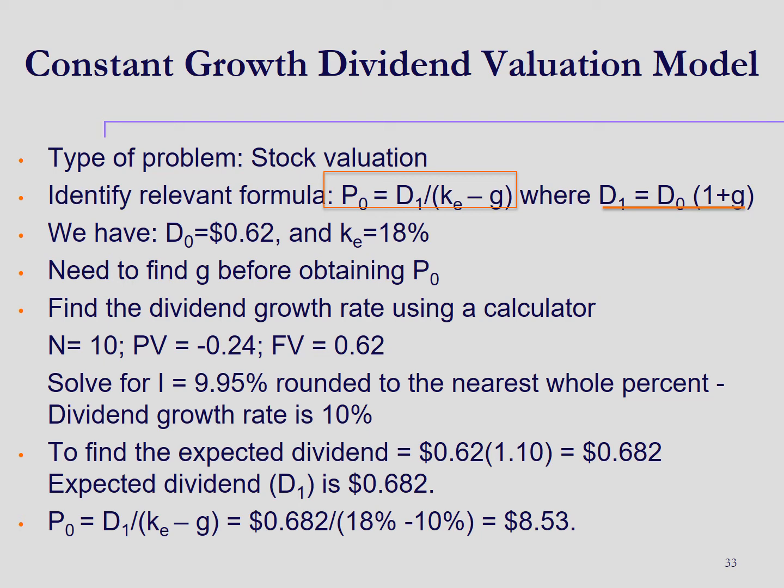We have the current dividend D0 equal to 62 cents and the required rate of return Ke equal to 18%. We need to find out the constant dividend growth rate g before obtaining the current share price P0. We can find the dividend growth rate g by using the financial calculator.